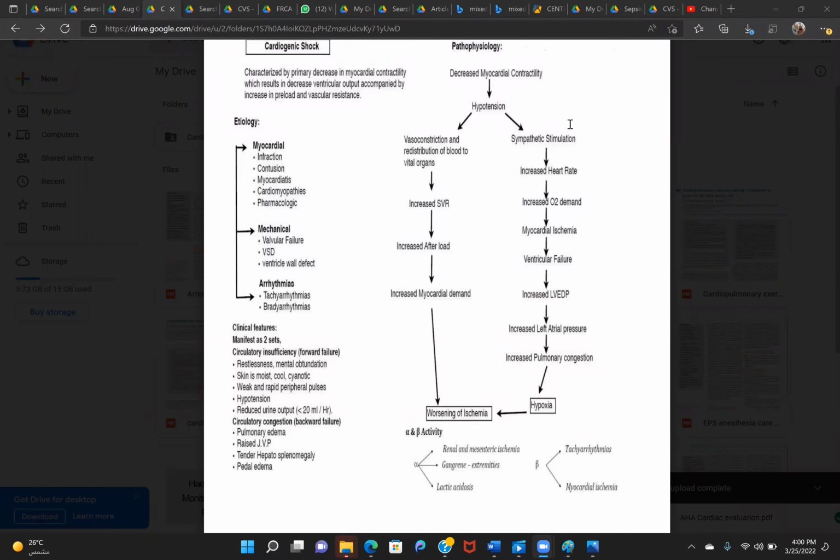Then if the ejection fraction of the heart is low and the blood lactate level is still high, we can use inotropic supports like dobutamine. Okay.